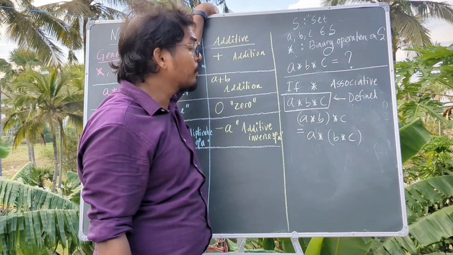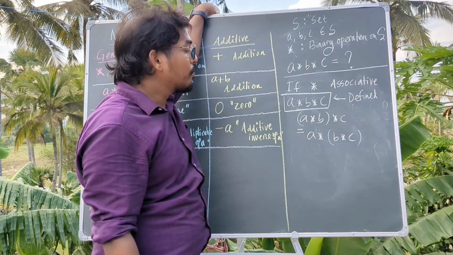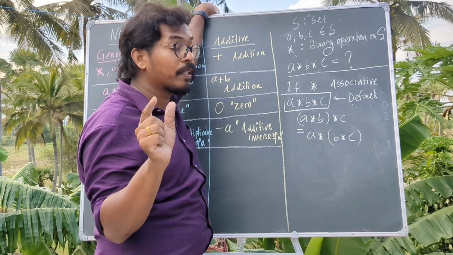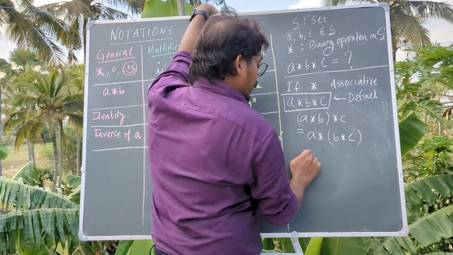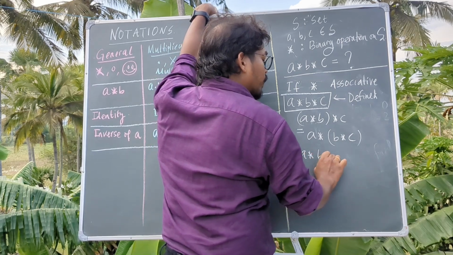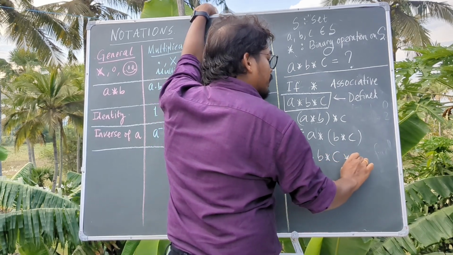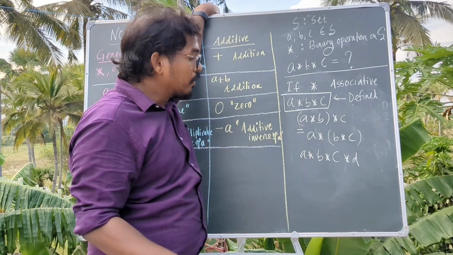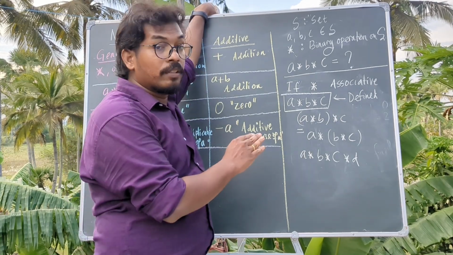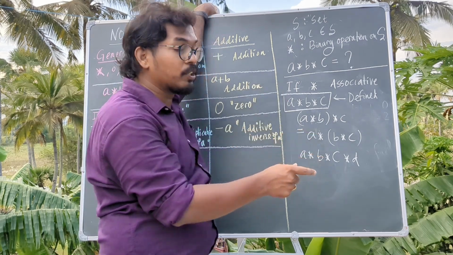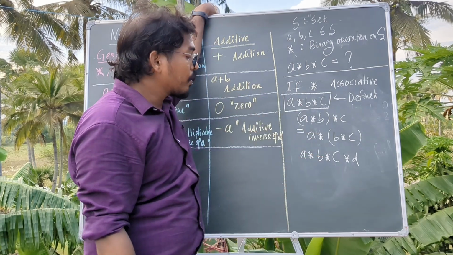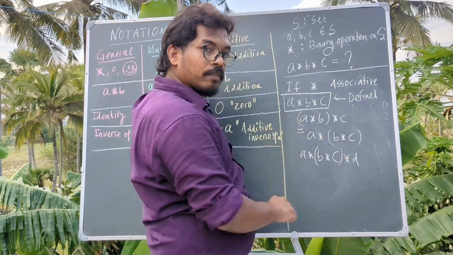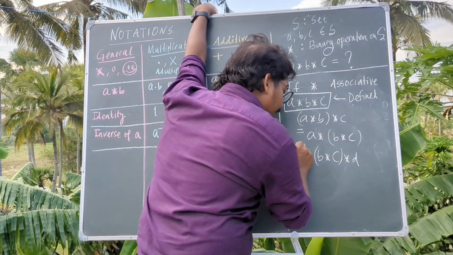We are not going to do some extra work, because in whichever way you put parenthesis, you will get the same result. Suppose we have 4 elements A, B, C and D, and star is given associative. Here also we don't have to mention first operate this one, then this one, then this one. Let us suppose someone is operating B and C first, and then this one.